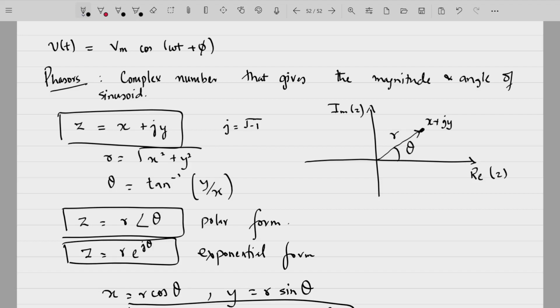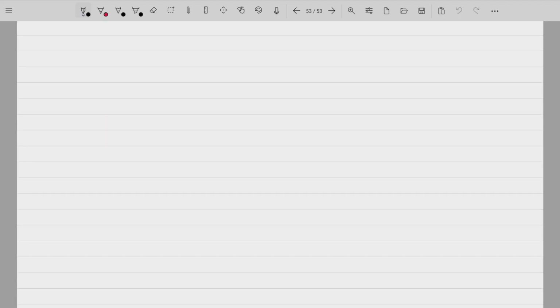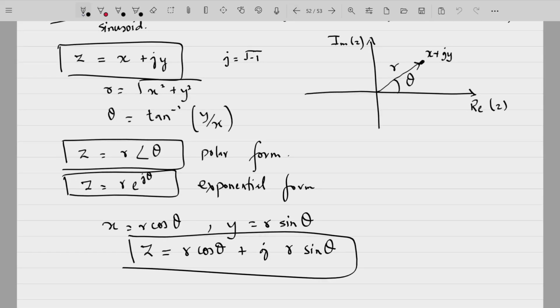Now coming back to our voltage equation, we have V(t) equal to Vm cos of omega t plus phi. So this is our sinusoidal form of our voltage equation. Remember from this last equation that we have here, z equal to r cos theta plus j r sin theta, you can see that r cos theta is nothing but the real part of z.